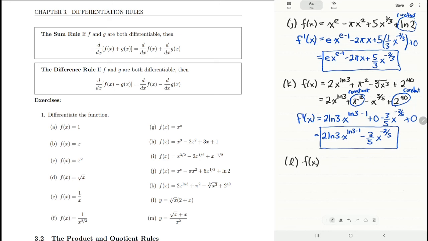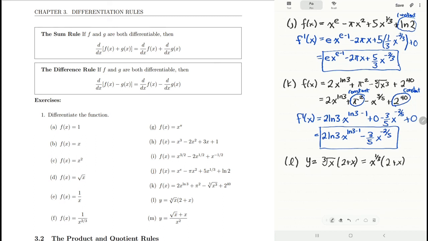In the next example, we have y is equal to the cubed root of x times 2 plus x. So let's first rewrite the cubed root of x. This is x to the power of 1/3 times 2 plus x.